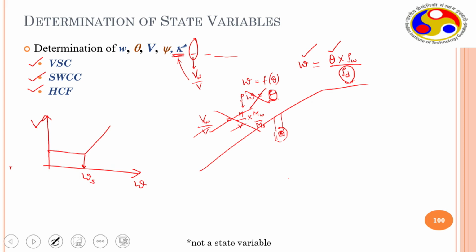This may be true for sandy soils or coarse grained soils where you don't require the shrinkage. But the actual curve varies something like this. So this is 1:1. This is how the slope is changing.